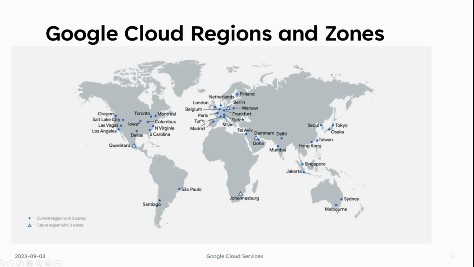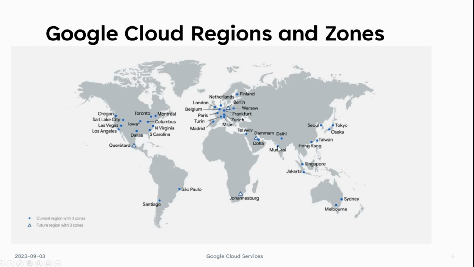A region is a geographic location where you'll find Google data centers, and the data centers are like zones. If a region, let's say Mumbai, has three zones, and Delhi has three zones, the zones are equivalent to data centers, and all the zones are isolated, with their own power backup, servers, and networking.